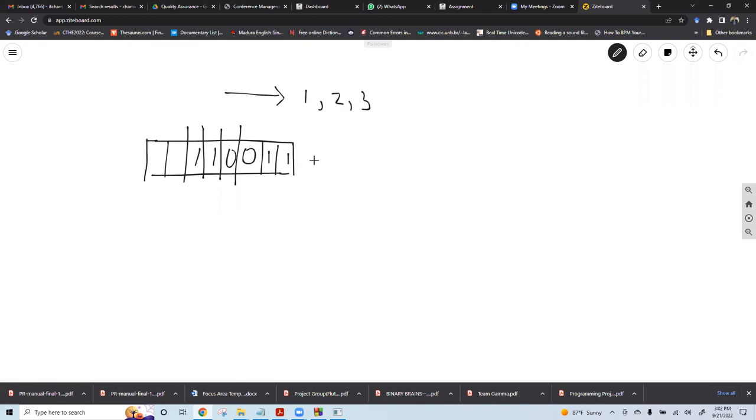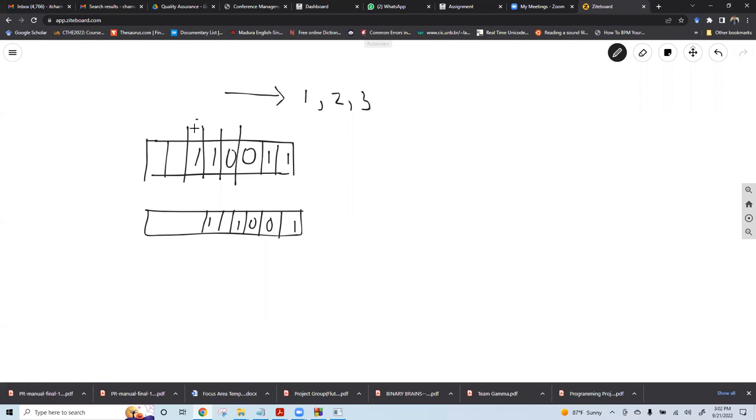If we shift once, then the result would be 1, 0, 0, 1, 1.